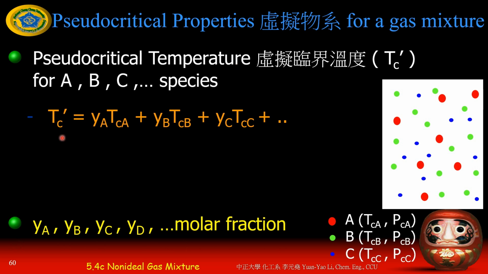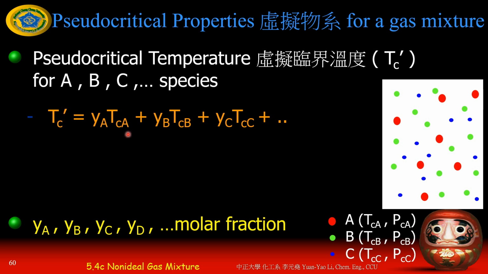So Tc prime will be the critical temperature for species A times its molar fraction, plus the molar fraction of B times the critical temperature of B, plus the fraction of C times the critical temperature of C, and so on. So this is called pseudo-critical temperature.